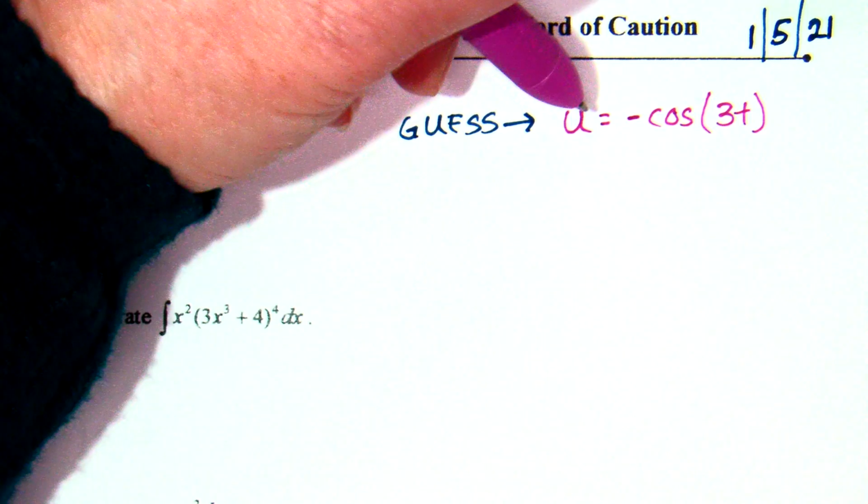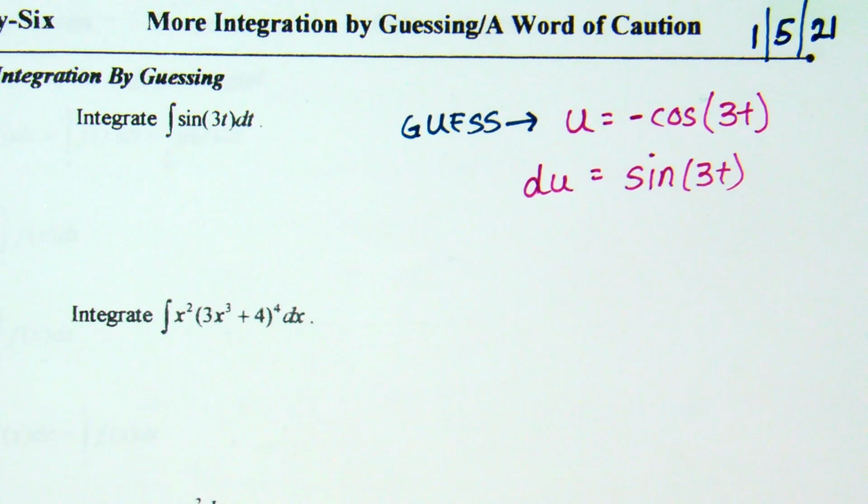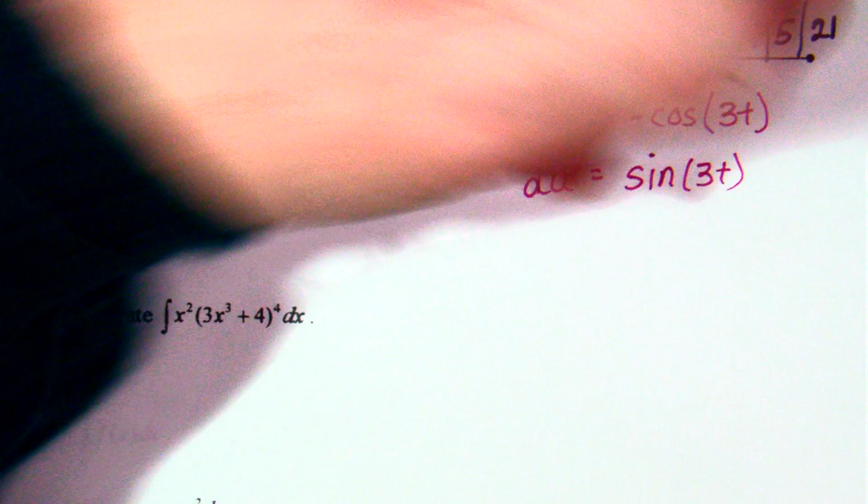Then what? We have to employ that chain rule, right? If the derivative of negative cosine of something is sine of something, then times the derivative of something. So times the derivative of 3t, which is 3. And then because we took this with respect to t, we're going to say times dt.